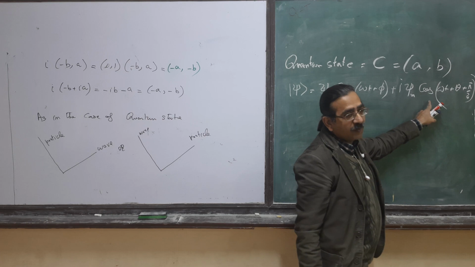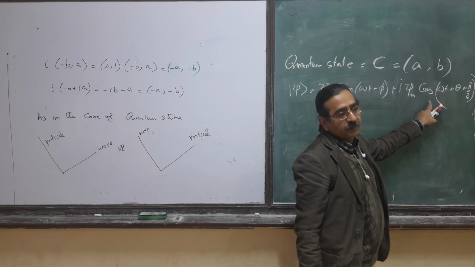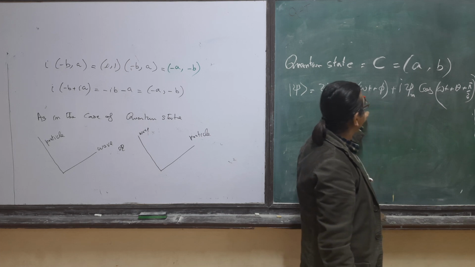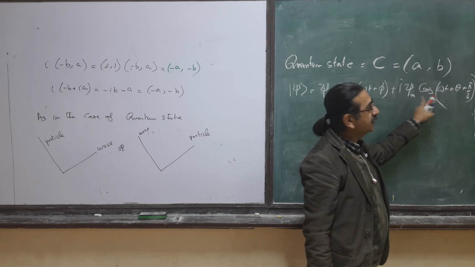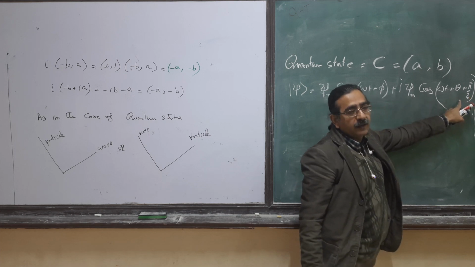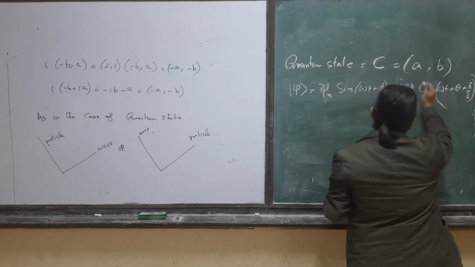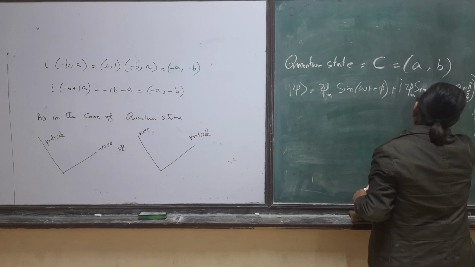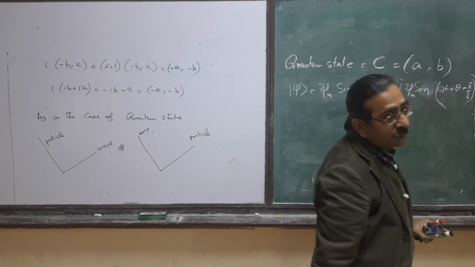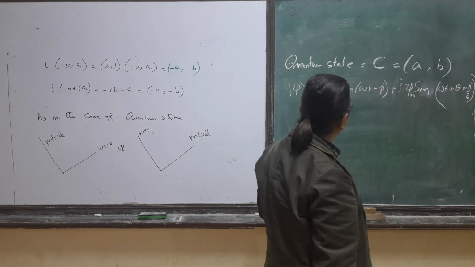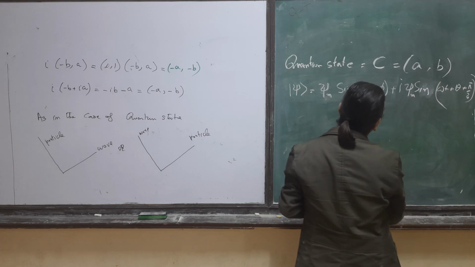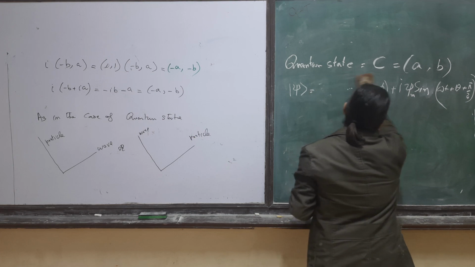Sin and cos are orthogonal, making an angle of 90 with each other. One is along the real axis, one is along the imaginary axis, and we have added the angle to it. Sorry, this is also sine. Sorry, this is also cos.